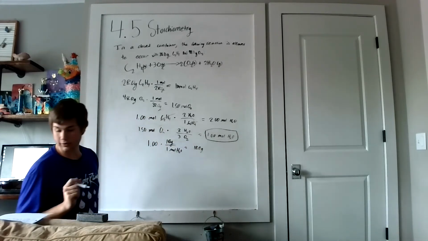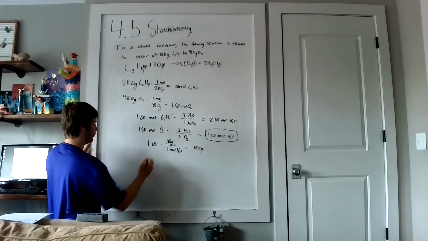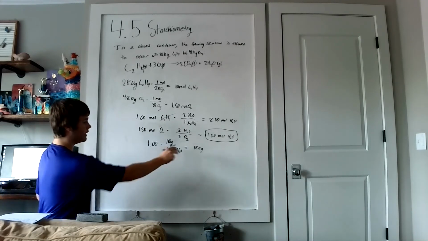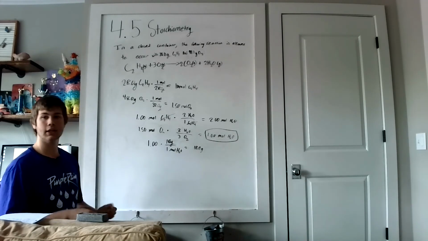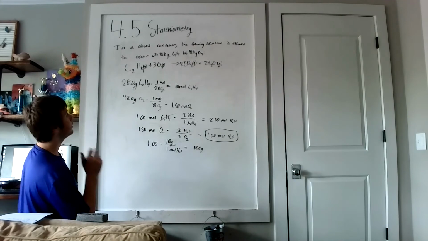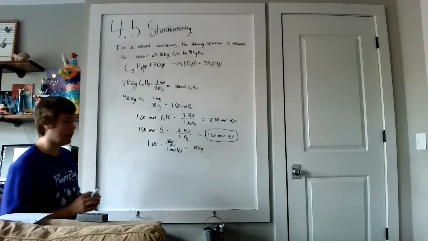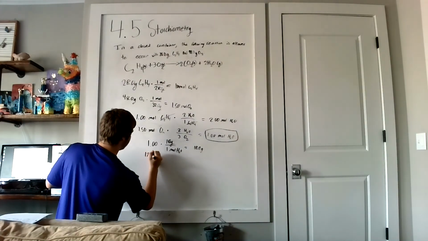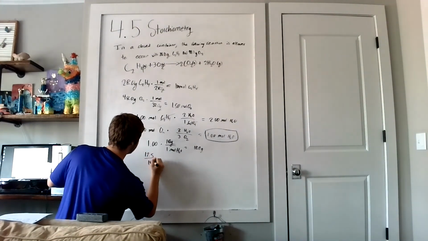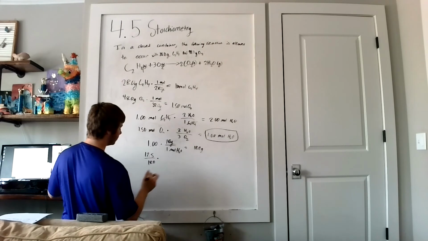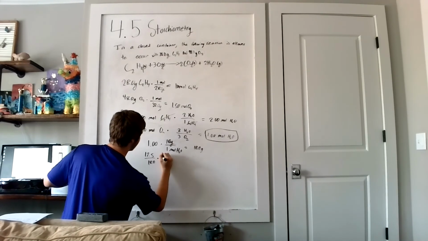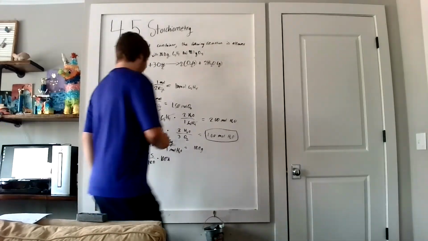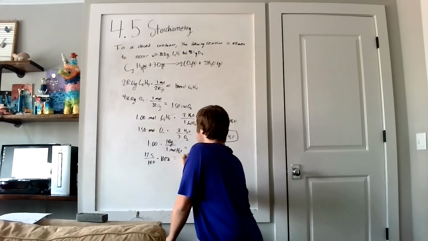So now all that's left to do is divide 17.5 grams by 18.0 grams, which is our max yield. That's the maximum theoretical amount we can get, and multiply that by 100%, and we have our percent yield. So 17.5 over 18 times 100%, and that gives us 97.2%.